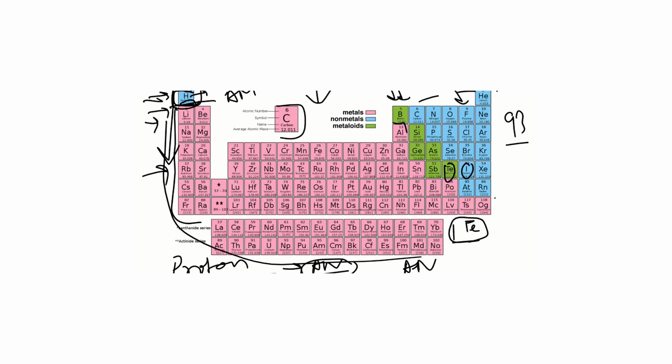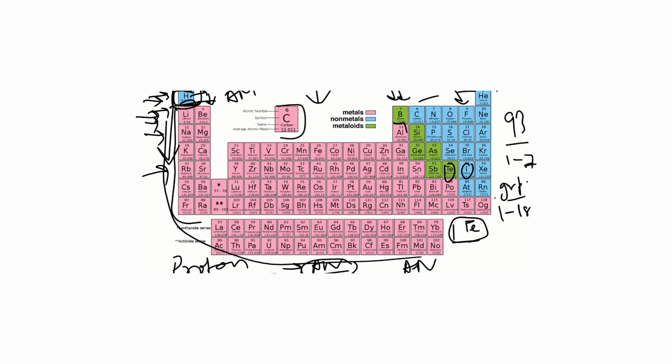The horizontal rows in the periodic table are called periods, and they are numbered from 1 to 7. And a vertical column in the periodic table is called a group, and they are numbered from 1 to 18.